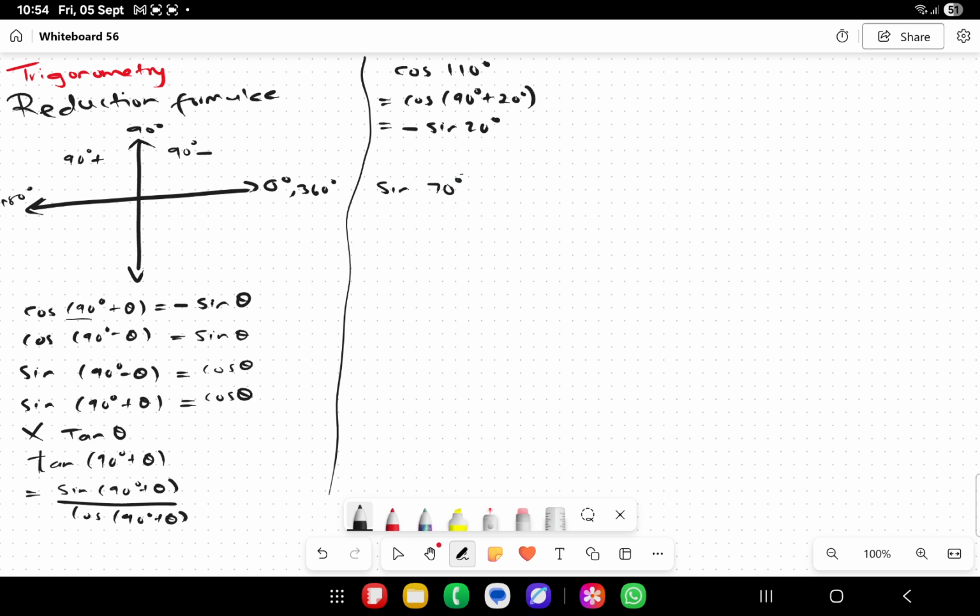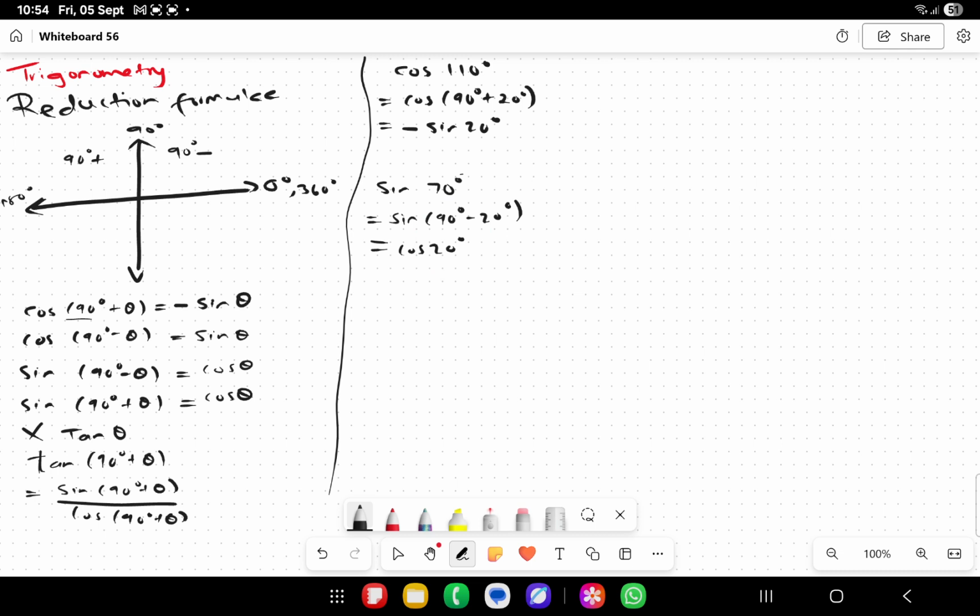For example, I'm going to change it here and tell you why. So if I have sine 70 degrees, I'm going to think in my mind, this is sine of 90 degrees minus 20 degrees. Okay, 90 minus, so it's positive, but sine changes to cos, so I'll have cos 20 degrees.